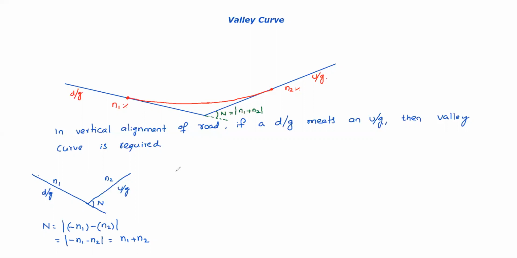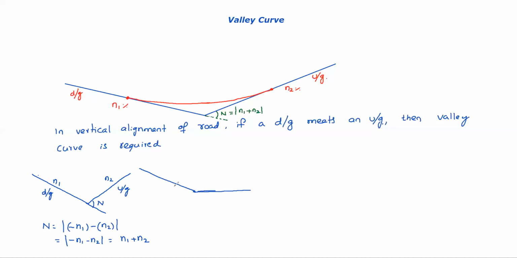Suppose sometimes a steep down gradient, a mild down gradient. Steep down gradient joins with the mild down gradient.